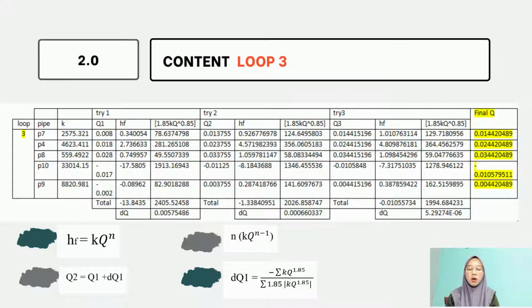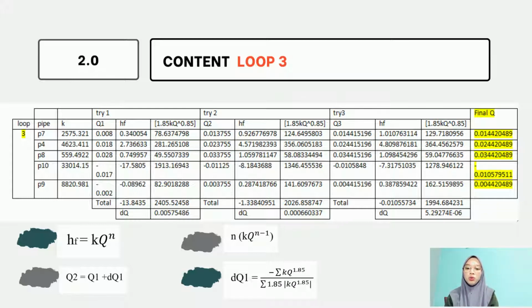First, for Q1, pipe 7 is 0.008, pipe 4 is 0.018, pipe 8 is 0.028, pipe 10 is negative 0.017, and pipe 9 is negative 0.002. Then Q2 comes from Q1 and it repeats until the correction total of DQ is reached.